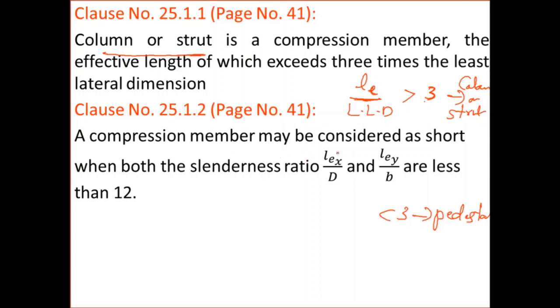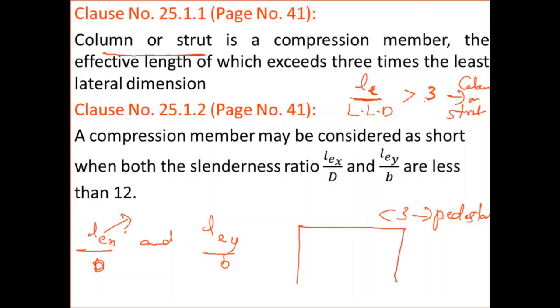Then a compression member may be considered as short when both the slenderness ratios, Lex by D and Ley by B, are less than 12. Lex means effective length in the x direction. Suppose this is the section of the column; this is the direction of the major principal axis, and this is the direction of the minor principal axis.